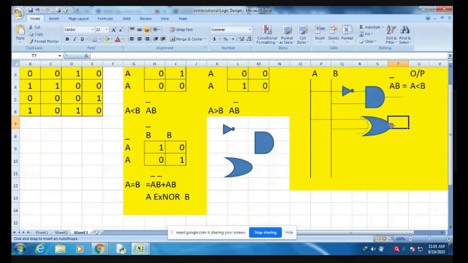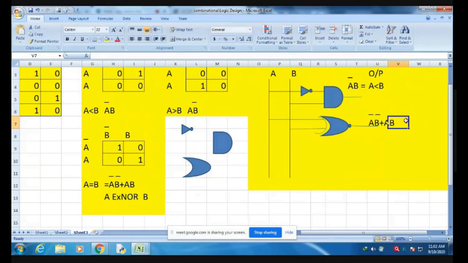What is my output? A bar B bar plus AB, that is equal to A equal to B. This is my output.